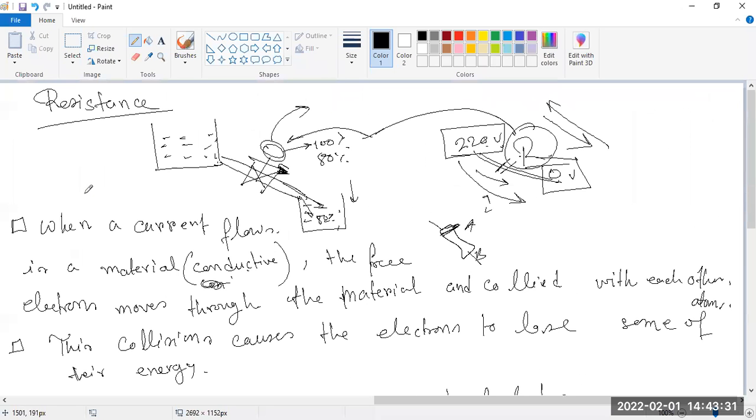Okay, so whenever some electrons are flowing in this conductor, there must be collisions with each other. Due to this collision, they lose some energy, and this energy is dissipated in nature as heat energy. And due to this collision, free flow does not occur. So where the collision is more, the resistance is also much greater than others.